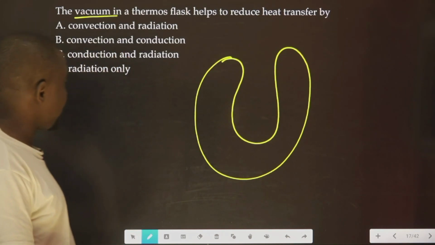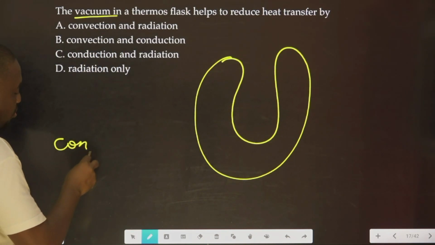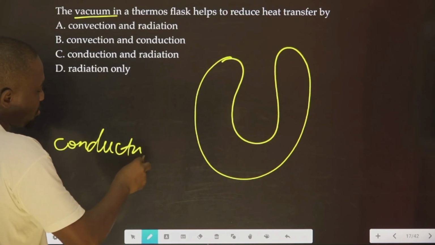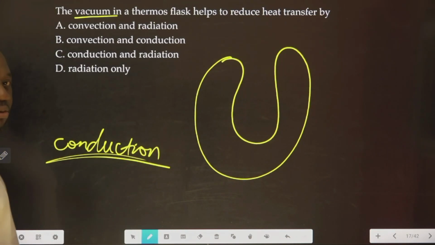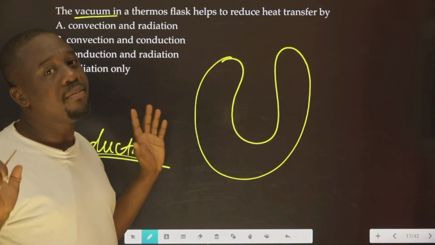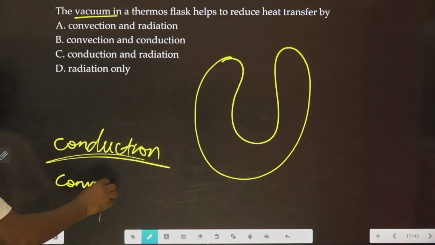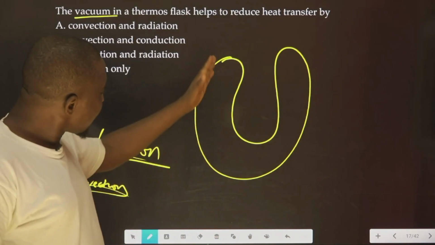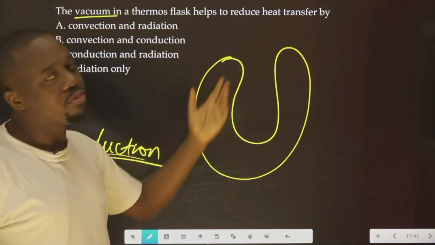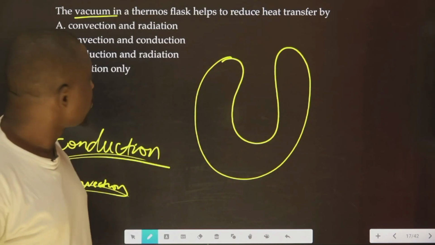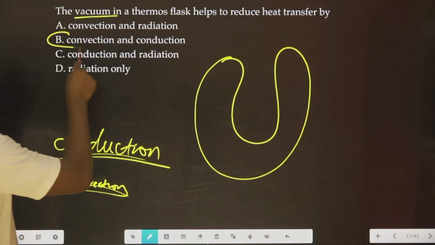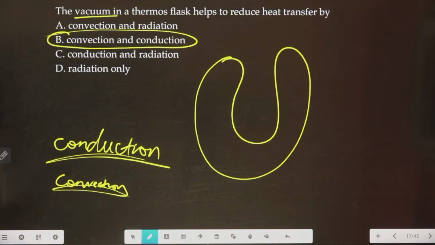It means, first of all, by conduction, any heat that we go through this process is eliminated. And also by convection. Convection is when you move it via fluids. And because there's no fluid here in the vacuum, that is also reduced. So therefore, it's by what? Convection and conduction.